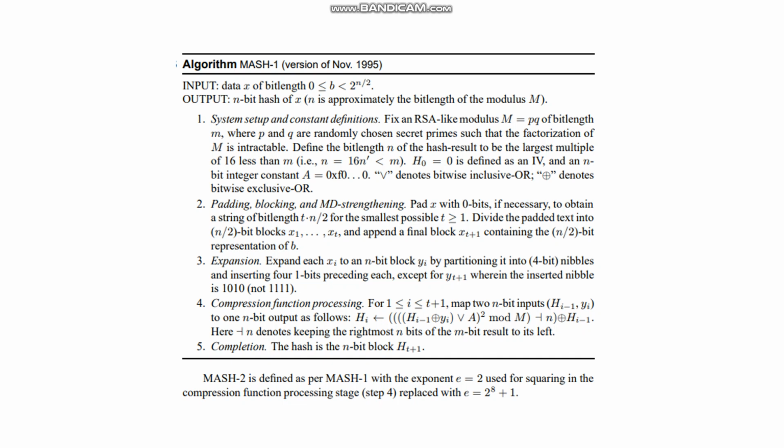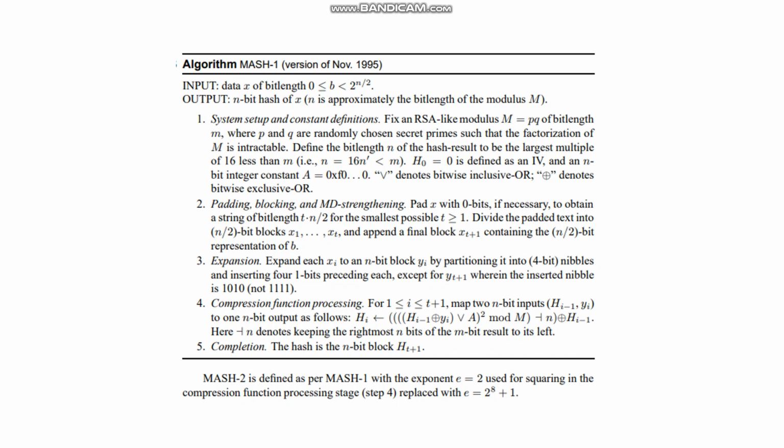For the expansion, expand each x(i), parameterized by i, to an n-bit block y(i) by partitioning it into nibbles and inserting 4 one bits preceding each, except for y(t+1), wherein the inserted nibble is 1010, not 1111.